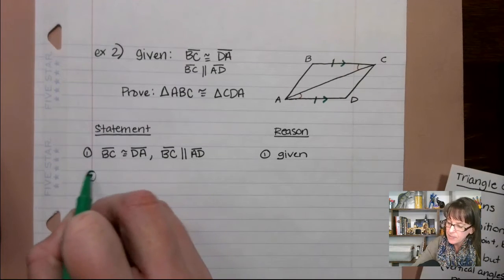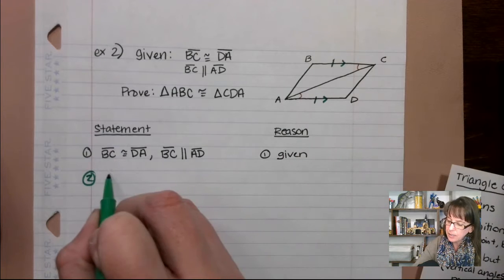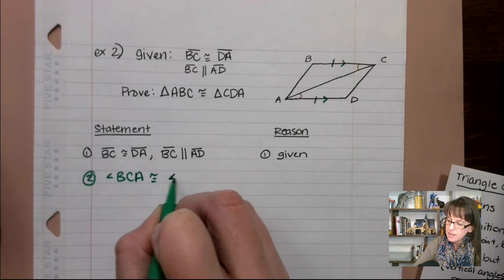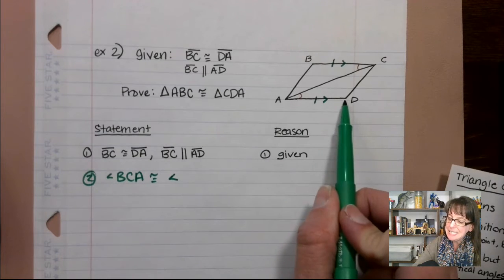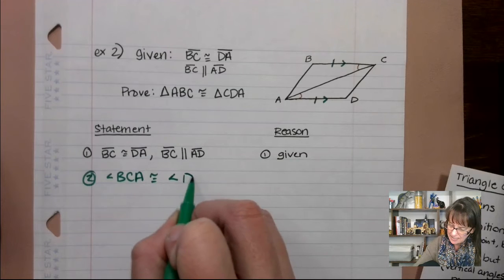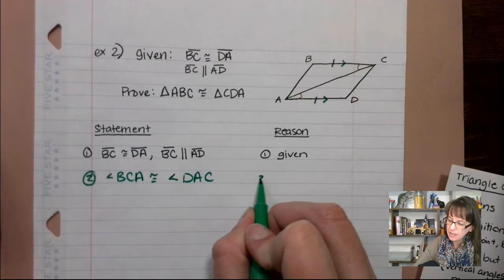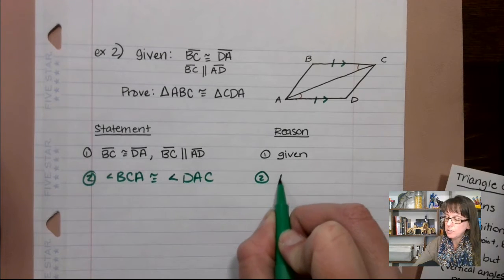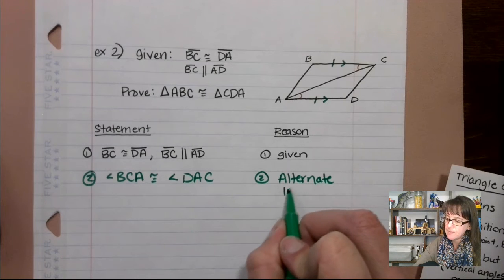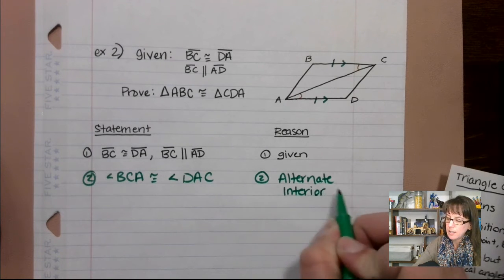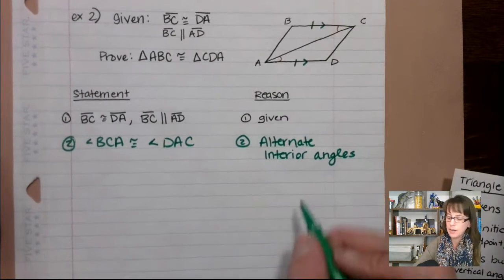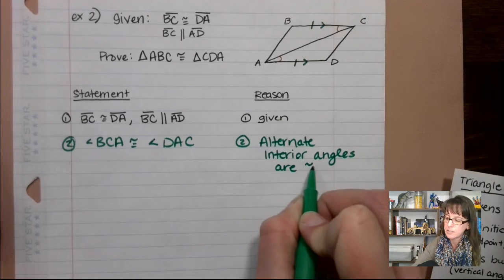So we can say angle BCA is congruent to angle DAC, and that is because alternate interior angles are congruent.